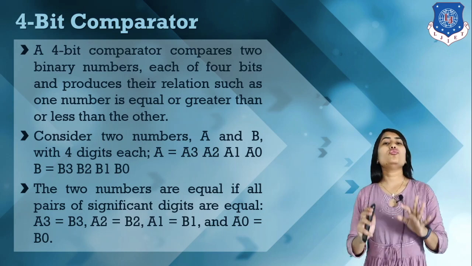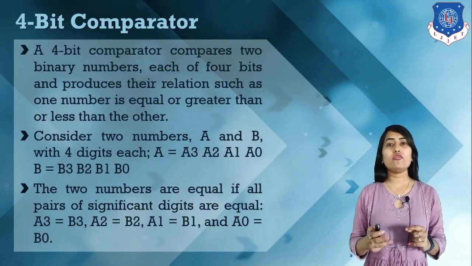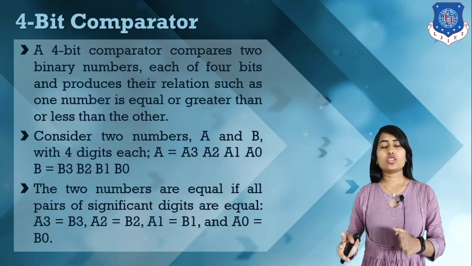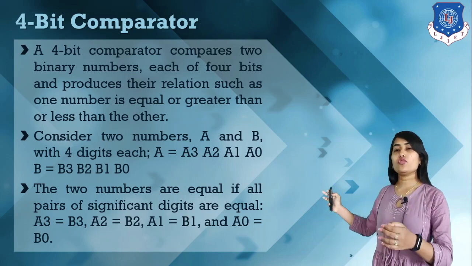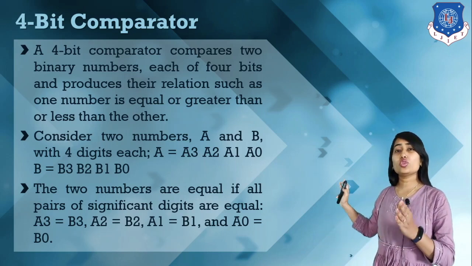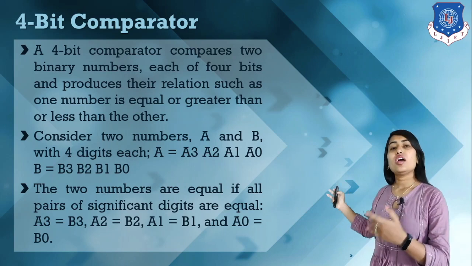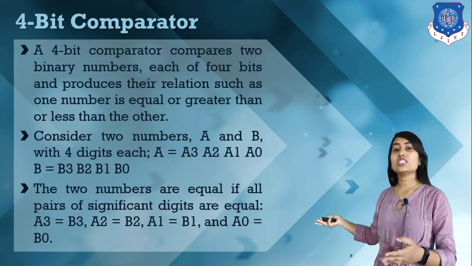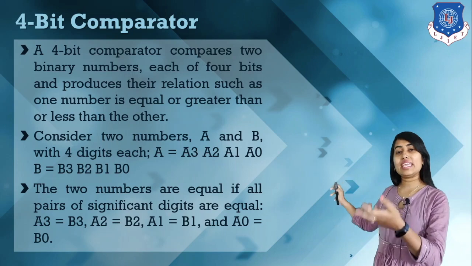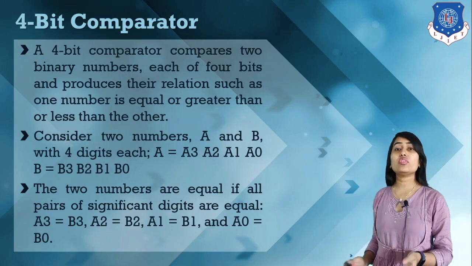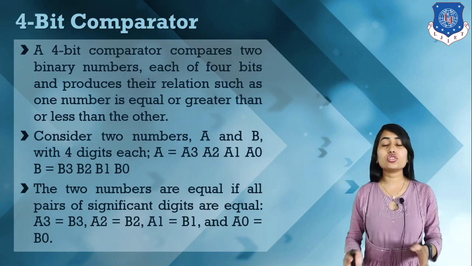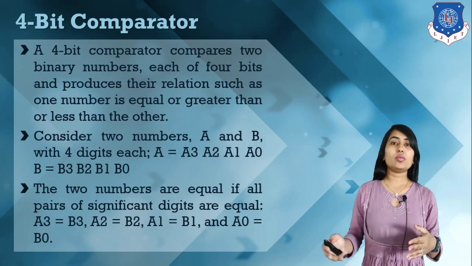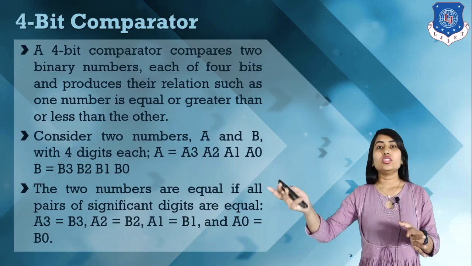For a 4-bit comparator, if we make a truth table, for number A we have a total of 16 possible combinations, and for B we also have 16 possible combinations, so for A and B, 16 times 16, we have a total of 256 combinations. So we can't make a table as we did for the 2-bit comparator.